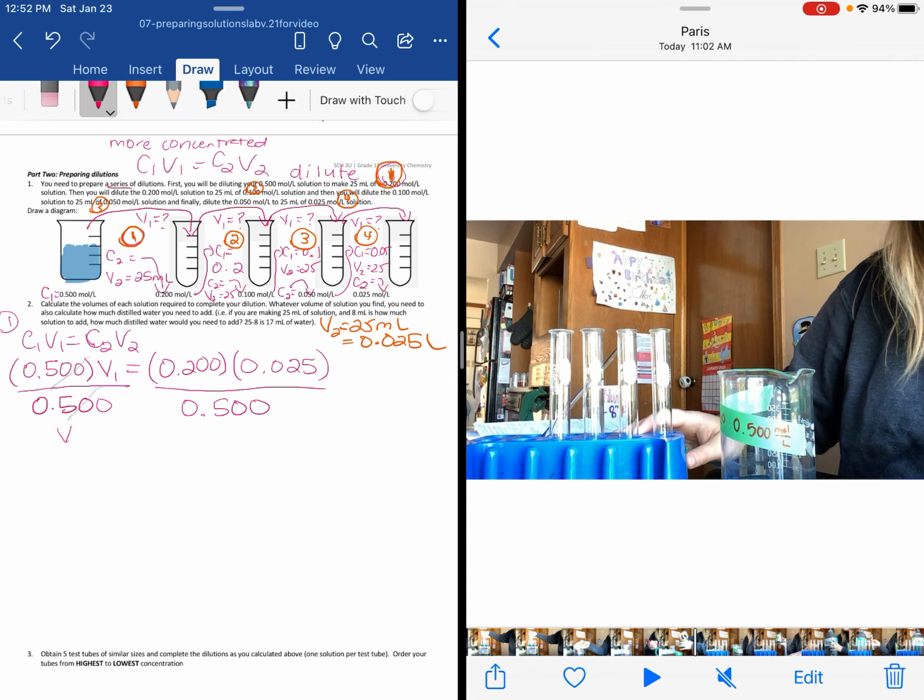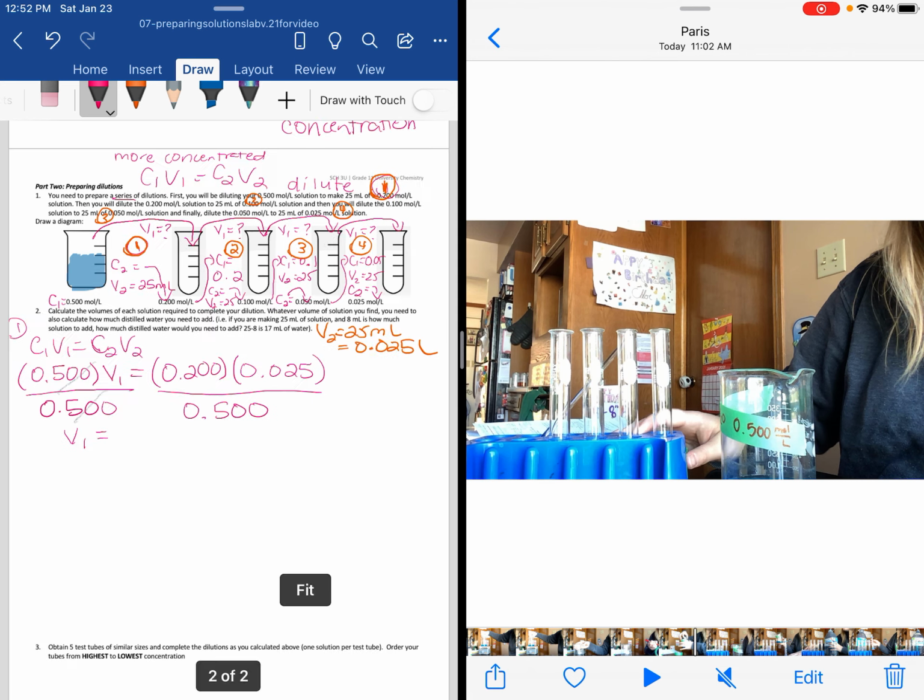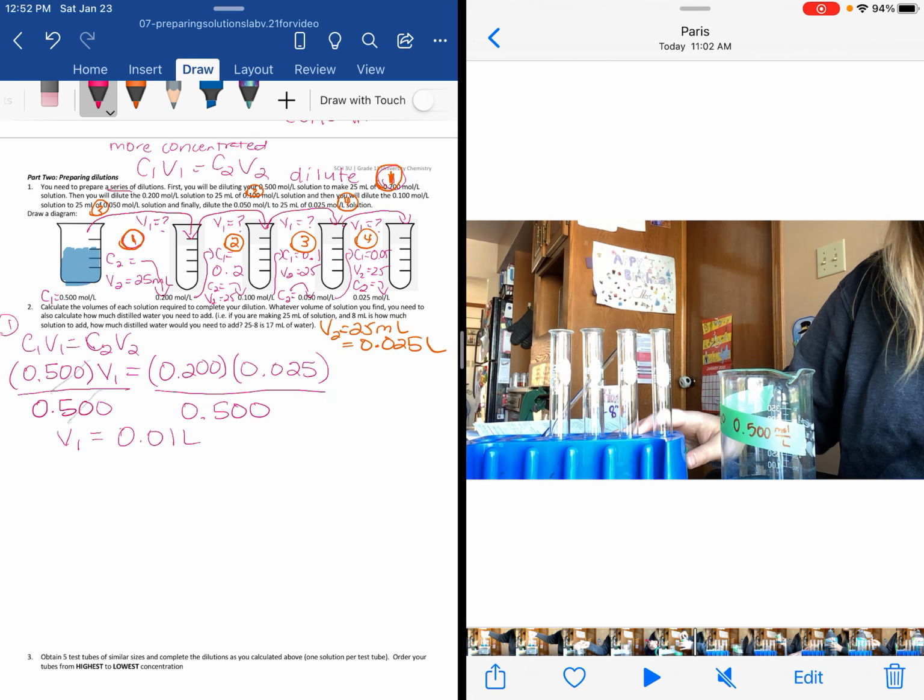So V1 is 0.2 times 0.025 divided by 0.5, which gets you 0.01 liters, which unfortunately our graduated cylinders do not measure.